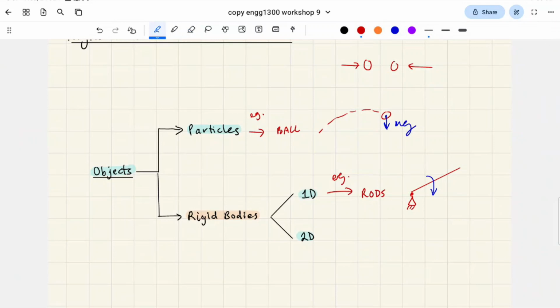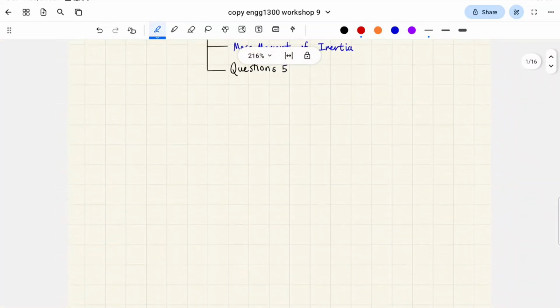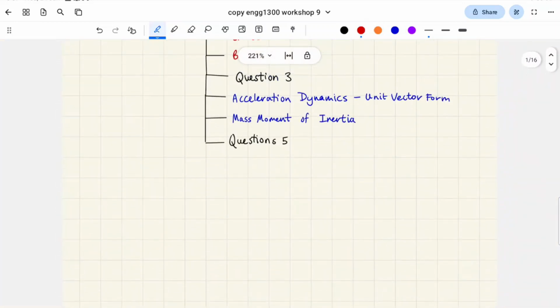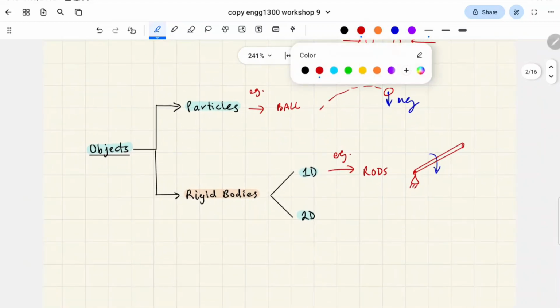The only difference is that it's pretty much a cylinder, so the shape will matter in the very last part of the tute when we start talking about mass moment of inertia. So you'll see rods pop up.